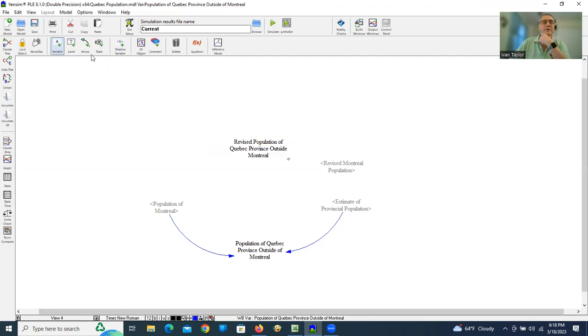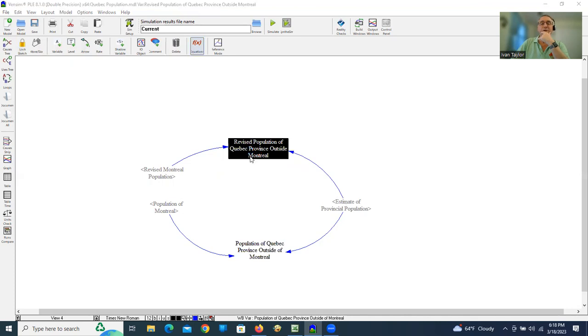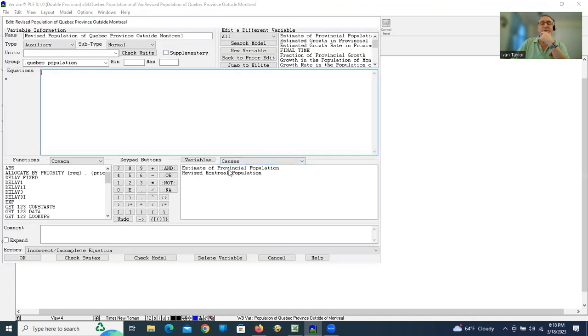And if we now calculate this as the revised population of Montreal and the estimate of the population of Quebec, we get a new calculation here of the estimated provincial population minus the revised Montreal population.